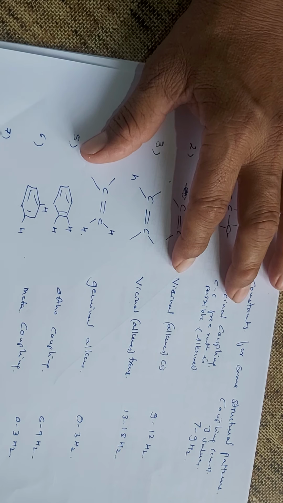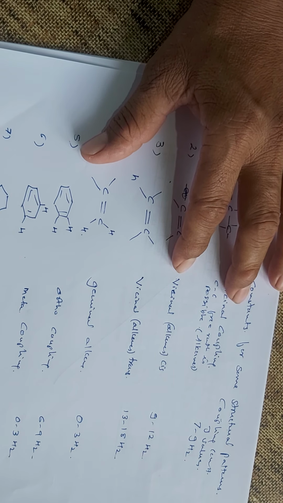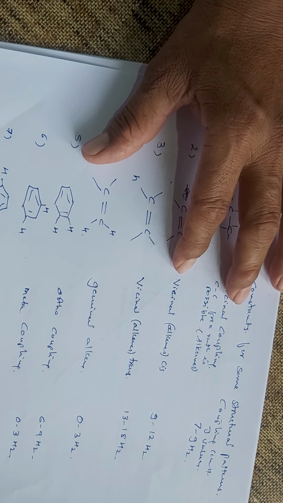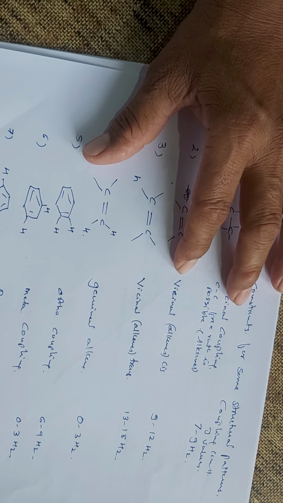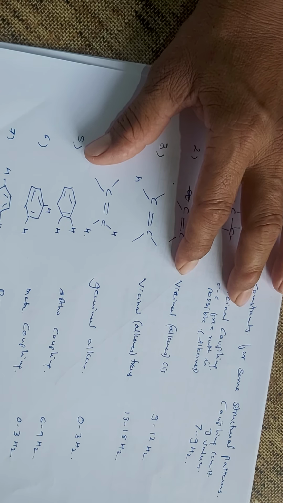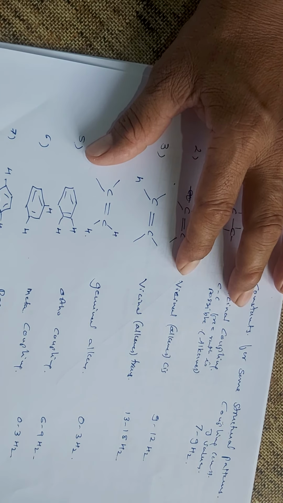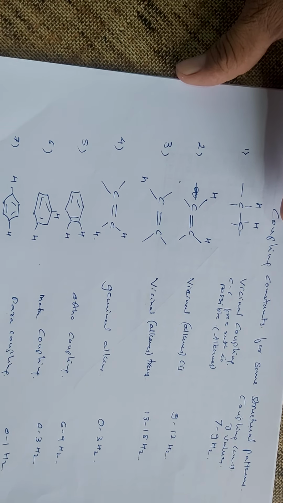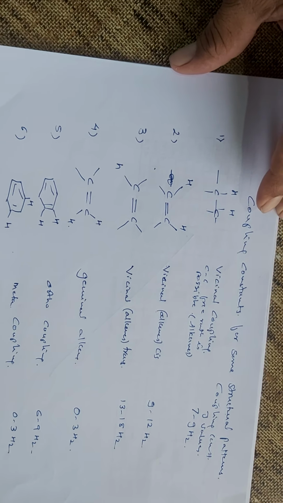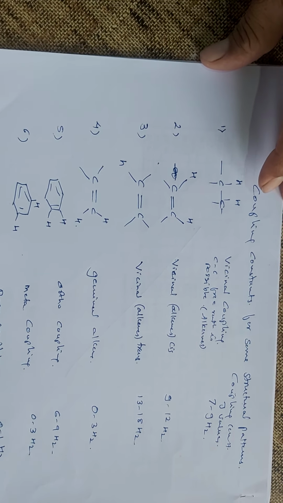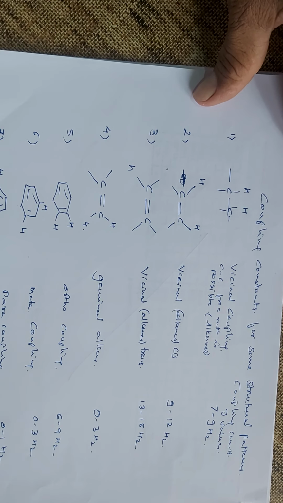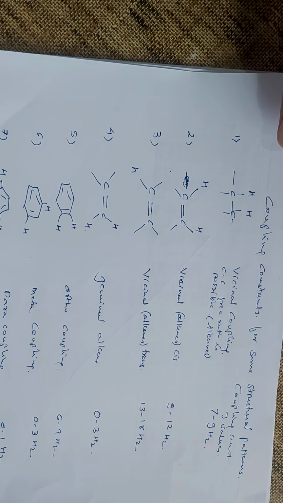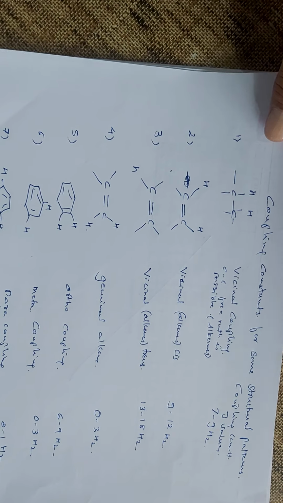And the last one, para coupling, is 0 to 1 hertz. So these are the different coupling constant values which help us determine the location of magnetically different nuclei, and from the spectrum we can determine all these things.